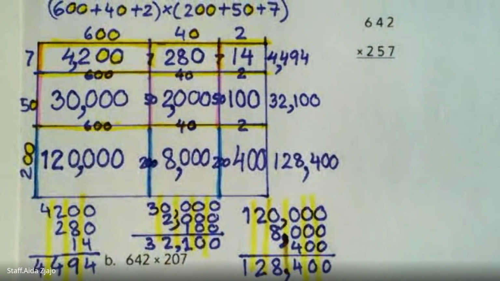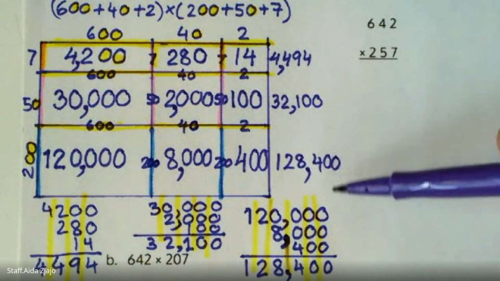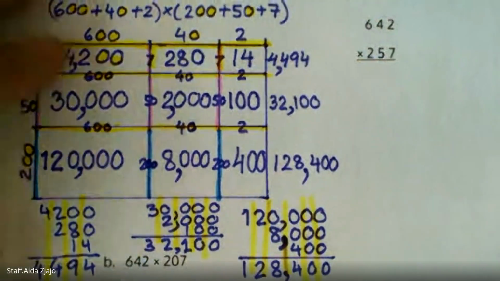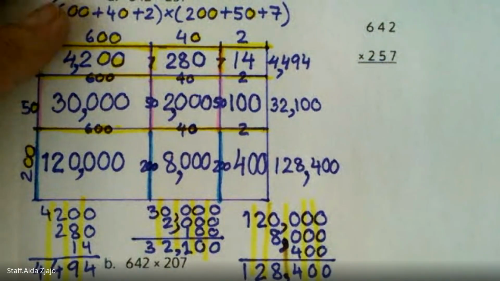We did the area model. We needed to add this plus this plus this, and that would be the total product of it. But I'm going to show you how much that would be when we add in a standard algorithm.